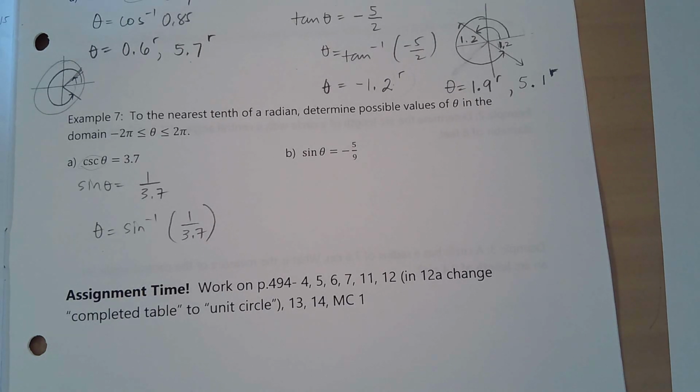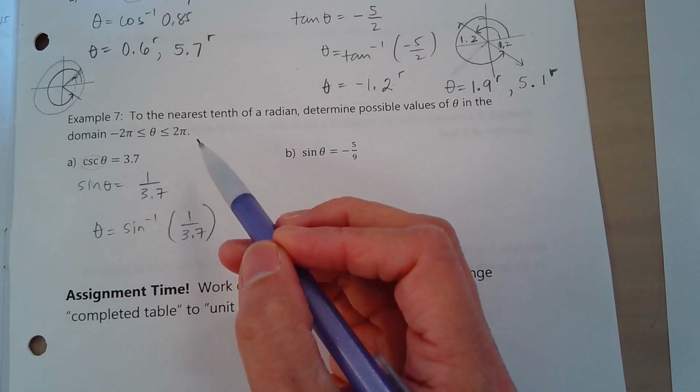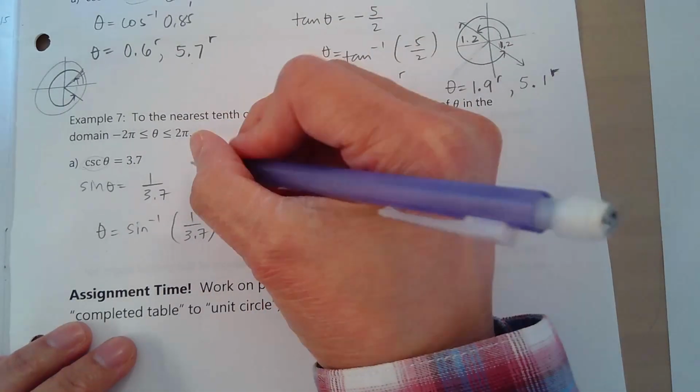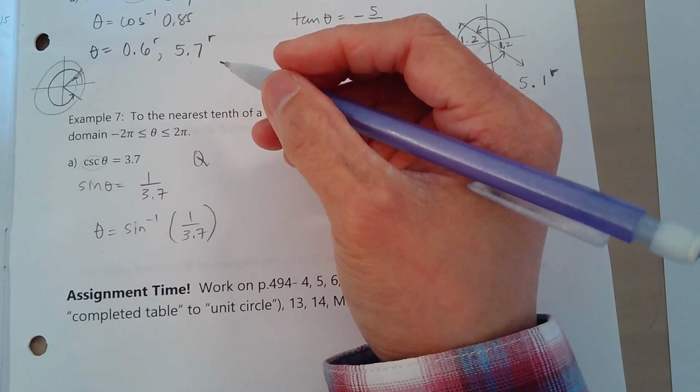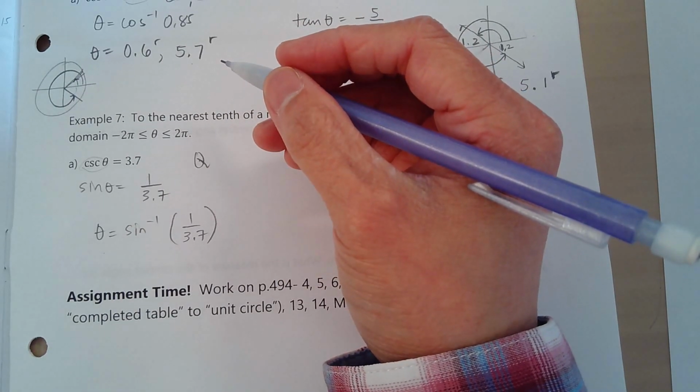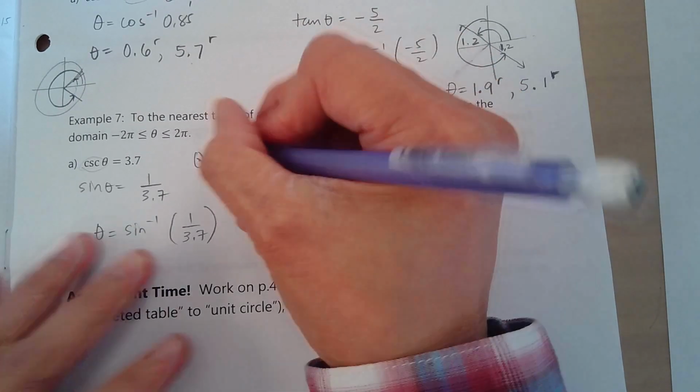Now I gotta ask ourselves, where is sine positive? Sine is positive in quadrants 1 and 2.